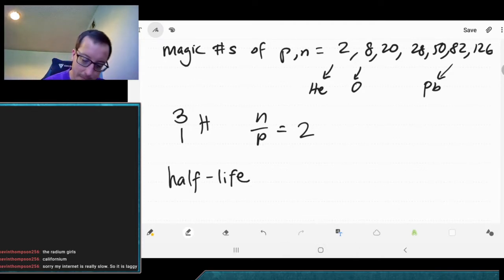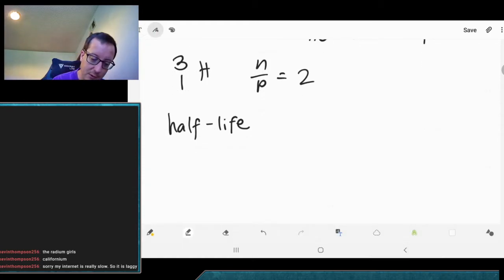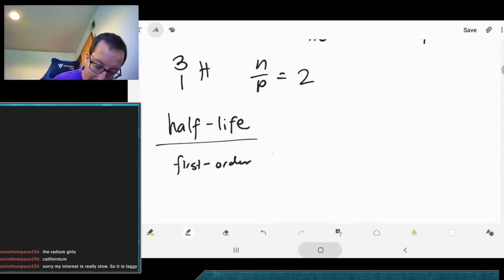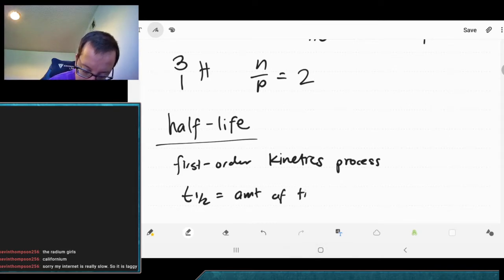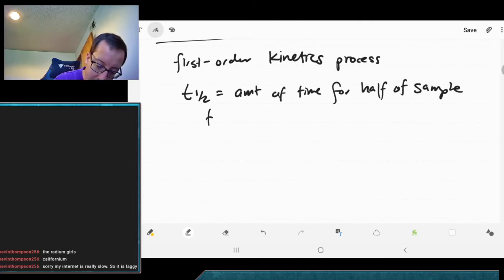So half-life is particularly interesting for radioactivity and nuclear chemistry because it is, of course, a first order kinetics process, where your t half-life, or t half, is the amount of time for half of your sample to react or decay.